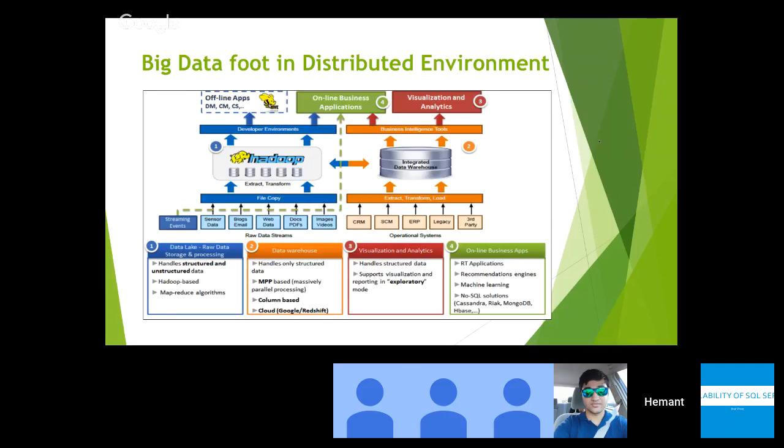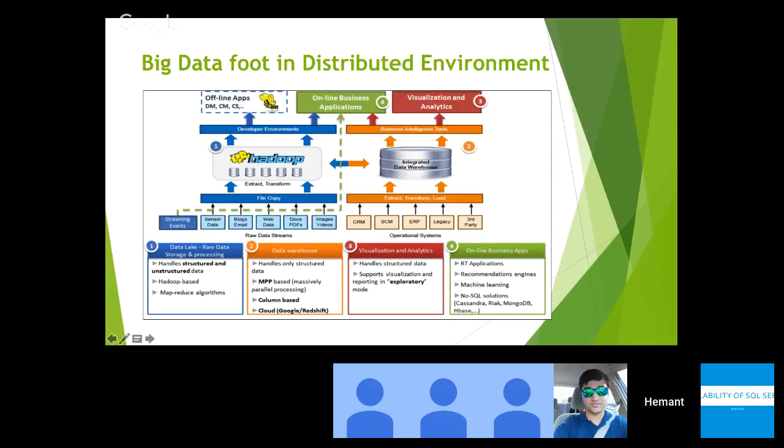Okay, so this is one of these. I like this slide in the sense that it gives you the big data footprint in the distributed environment. So if we have the data ecosystem, I don't know whether you can see my mouse where I'm pointing. Yes, we can.